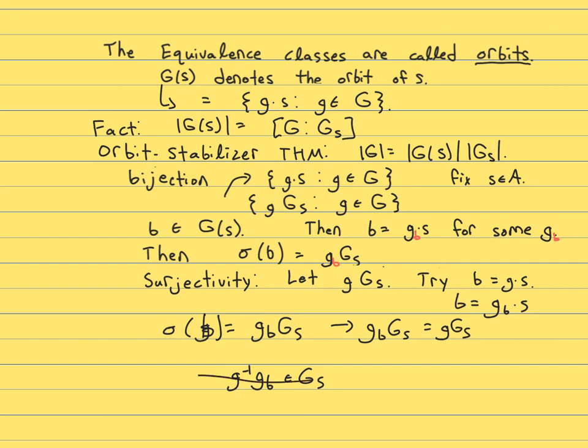All right, so this is what we need to show. We need to show g inverse g sub B is in the stabilizer G sub S. So how do we show that?